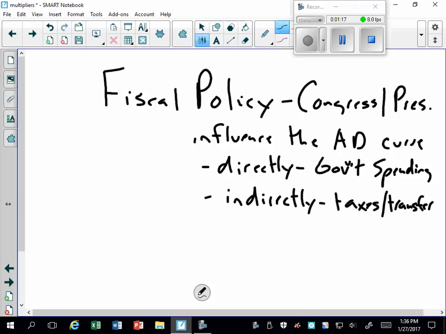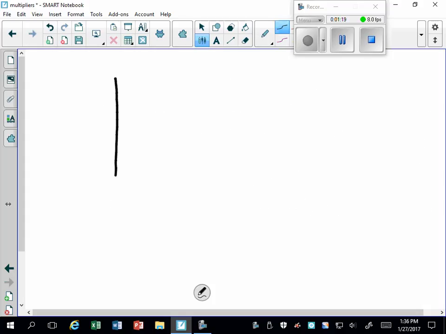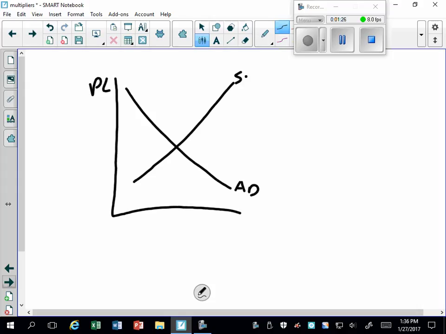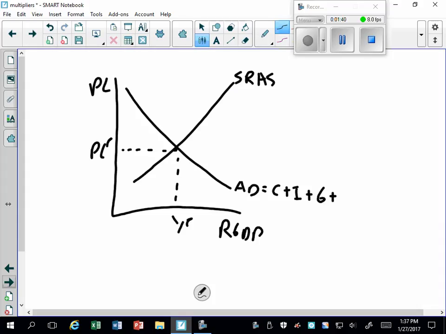And if we just remember our old friend, the aggregate demand curve here, and the short run aggregate supply curve, okay, if we get everything properly labeled. Remember, I like you to label or add this to aggregate demand: C, I, G, and net exports.